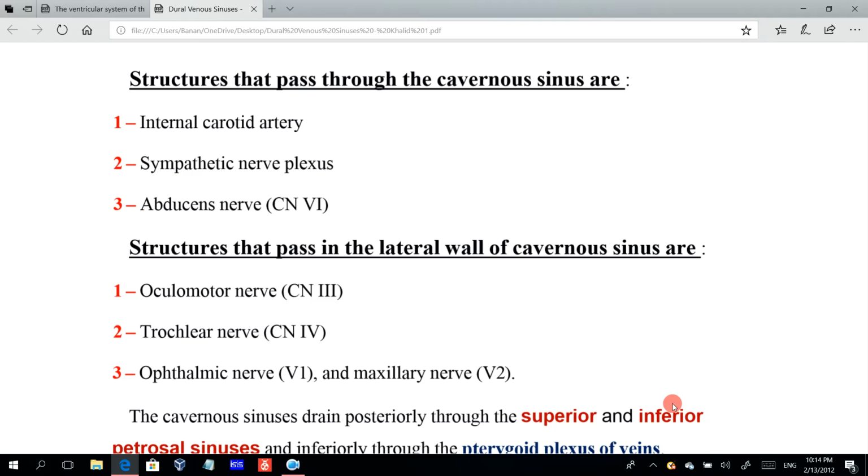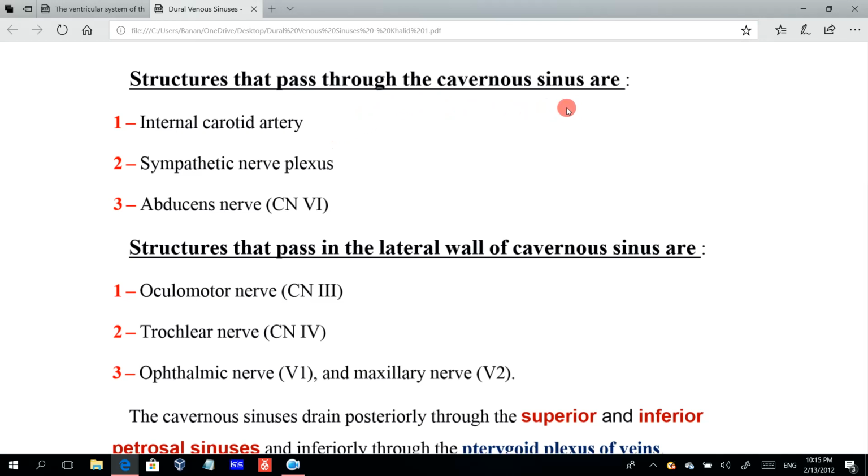Some of these structures pass through the cavernous sinus, and others do not penetrate it but pass within its lateral wall. So we divide these structures into two groups. The first group is structures that pass through the cavernous sinus: they enter it and then leave it.